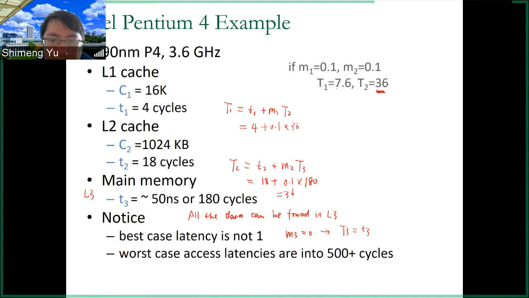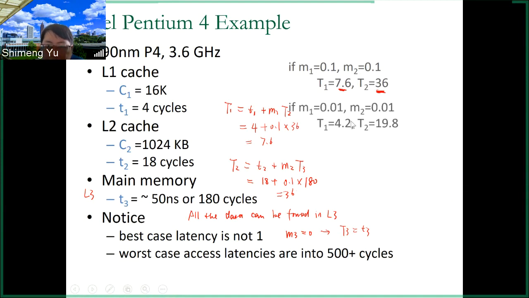If you do that, it's 7.6. So that is your perceived access time. That means on average, you are going to spend 7.6 cycles to get the data from the level 1 cache, although the intrinsic cycles are only 4, because you often miss the data.